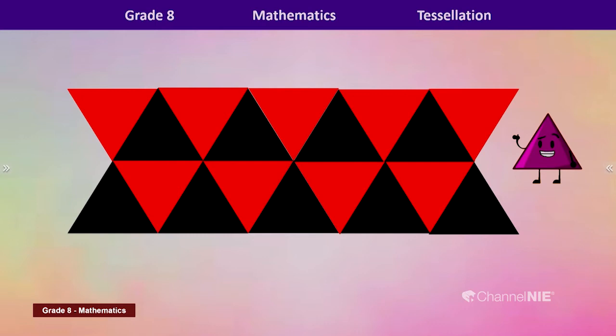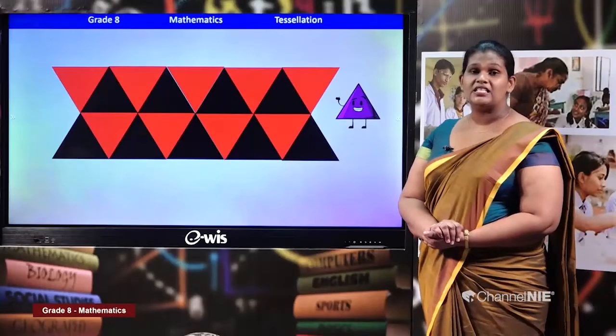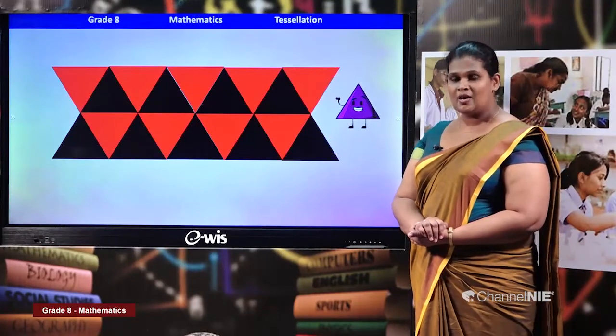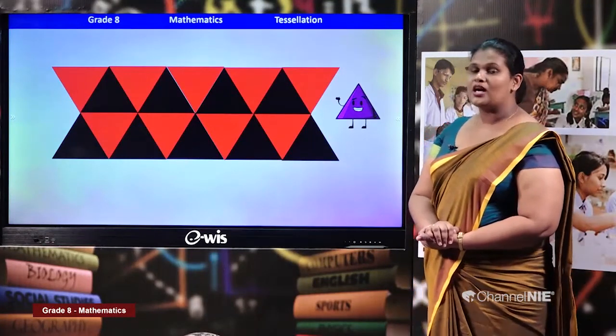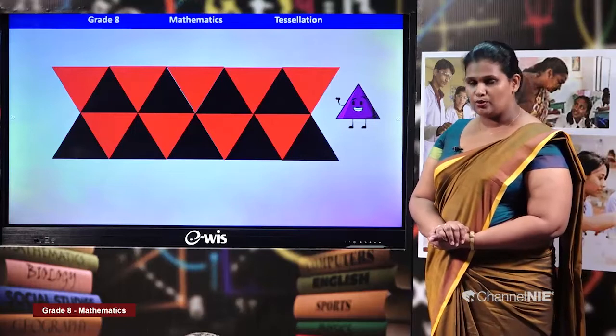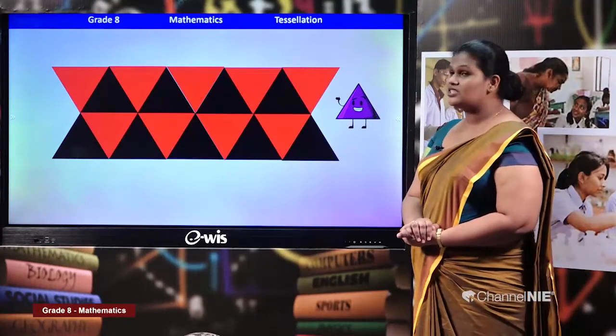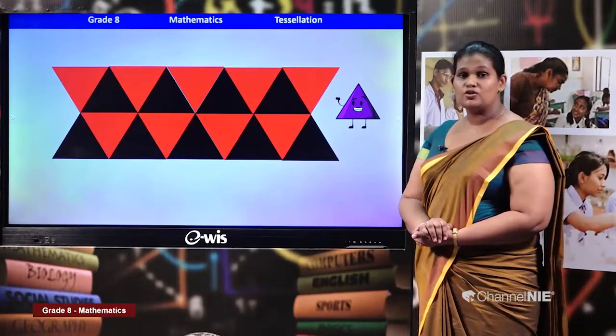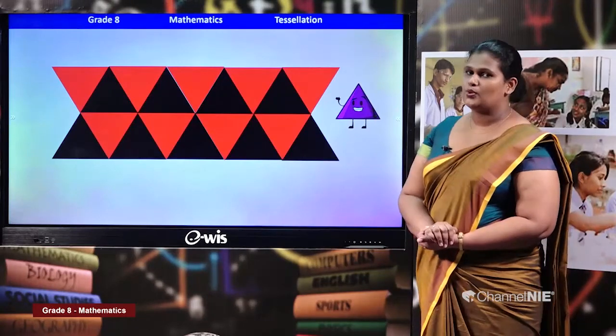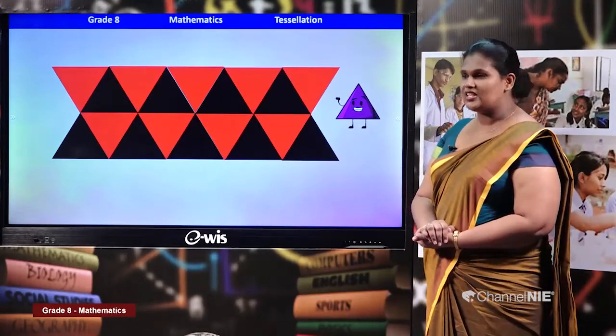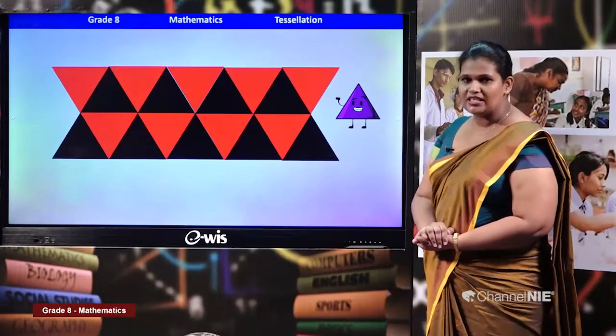Now, as I have told you, an equilateral triangle is a triangle where all three sides are equal in length and all three interior angles are equal in magnitude. Therefore, an equilateral triangle is a regular polygon. Here we have constructed this tessellation using only one regular polygon. Therefore, we can say this is a regular tessellation.